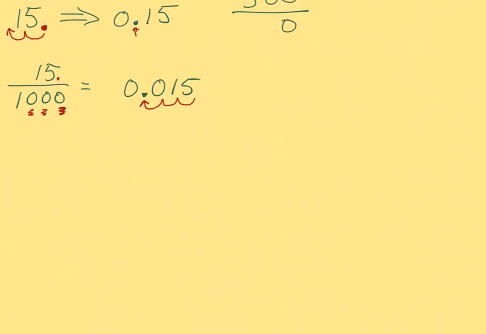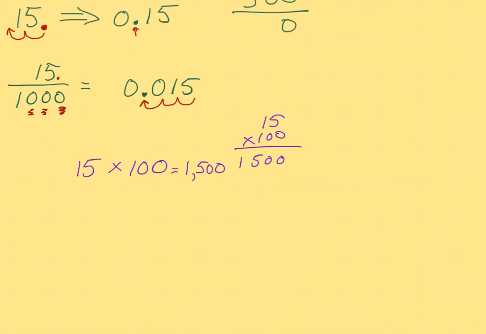What would happen if we multiplied 15 times 100? 15 times 100 equals 1,500. Where did the decimal point go? It started here, and it moved 2 places to the right because we were multiplying by 100, which has 2 zeros.